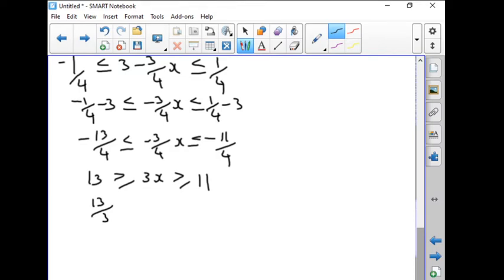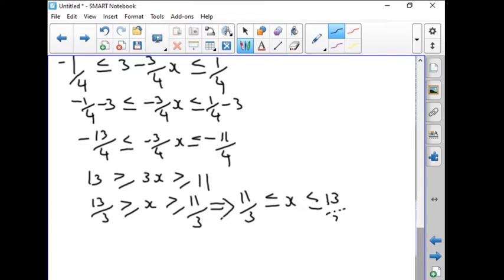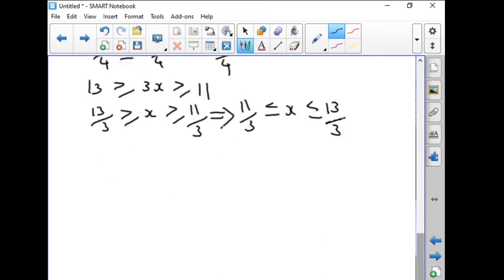We get 13 by 3 is greater than or equal to x, which is greater than or equal to 11 by 3. We can also write it as 11 by 3 is less than or equal to x, which is less than or equal to 13 by 3, which gives us the solution.